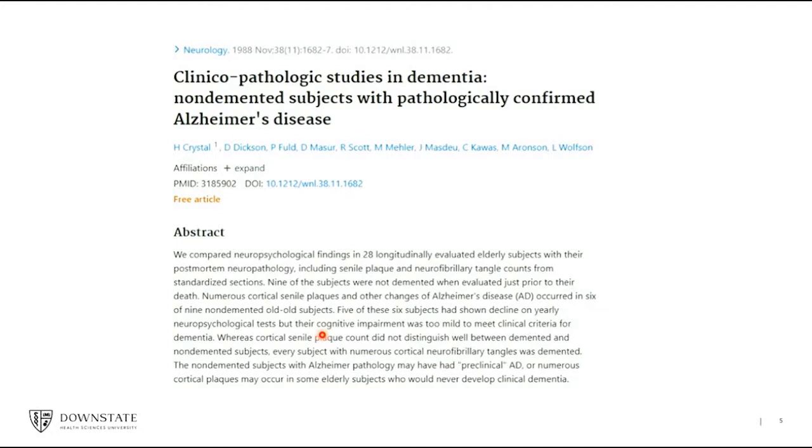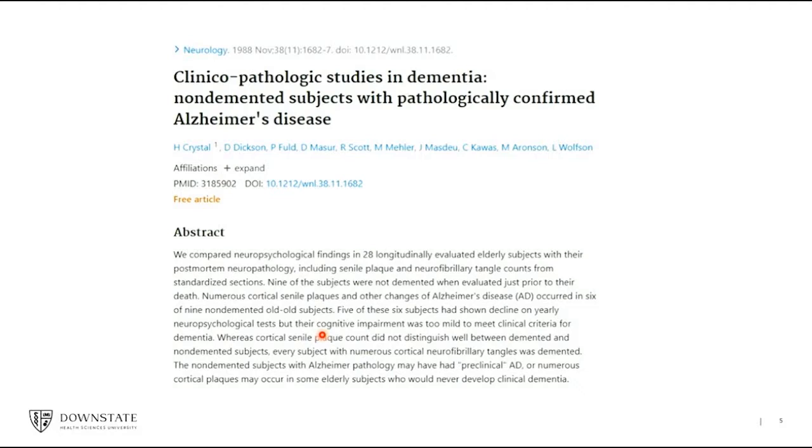And that's because we've recognized for over 30 years that there are people that have AD neuropathologic change but do not have dementia. And one of the most important earliest papers came from Howard Crystal, who most of the people in this room know. And so those non-demented subjects with Alzheimer pathology but intact memory, he called it preclinical AD.